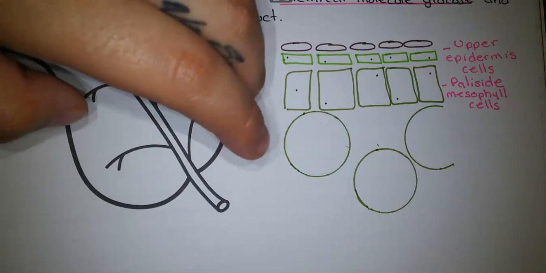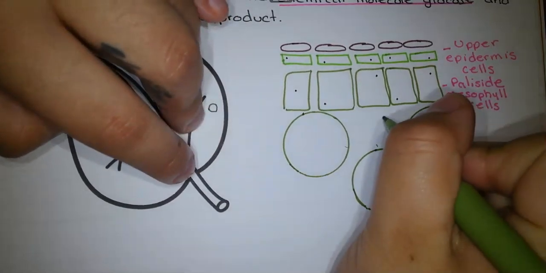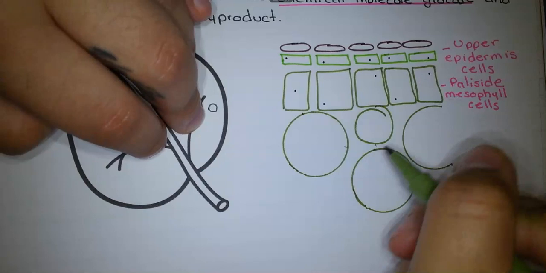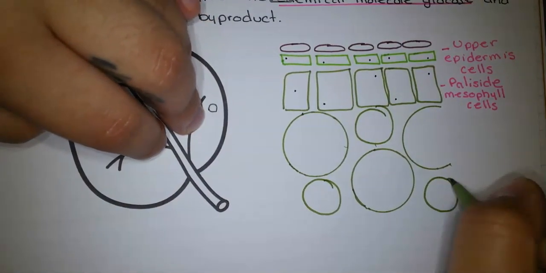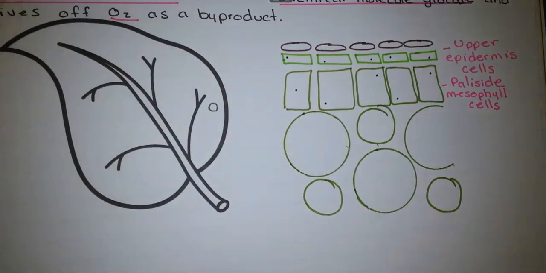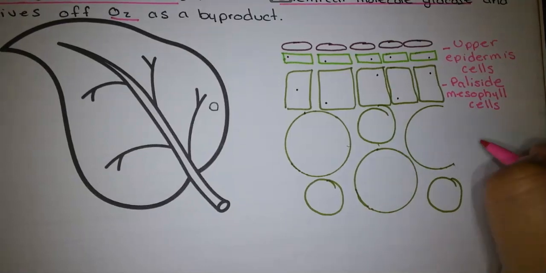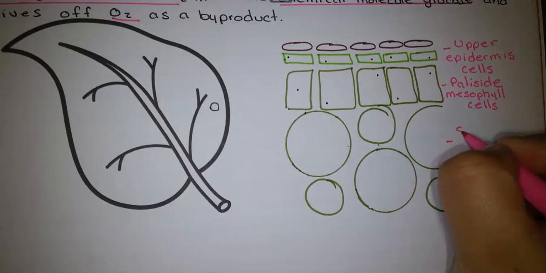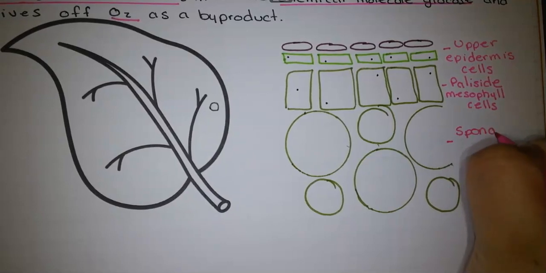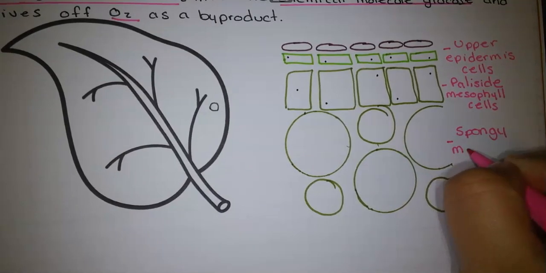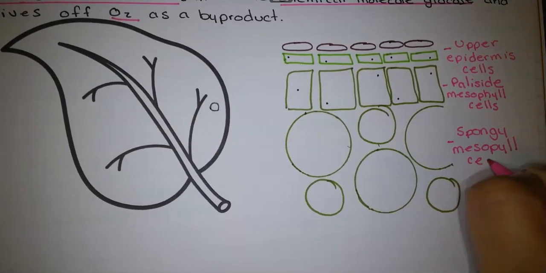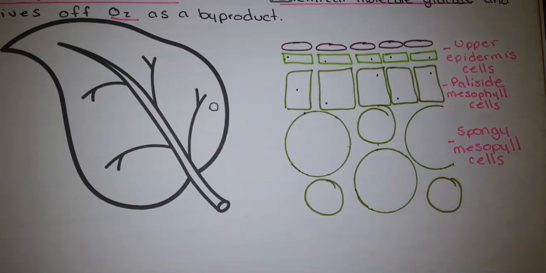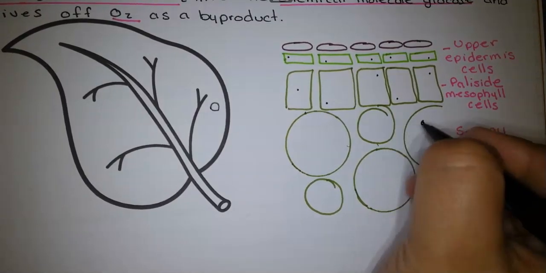And of course, there's big ones, there's smaller ones. And again, these are your spongy mesophyll cells. And yes, again, we're going to have our nucleus.